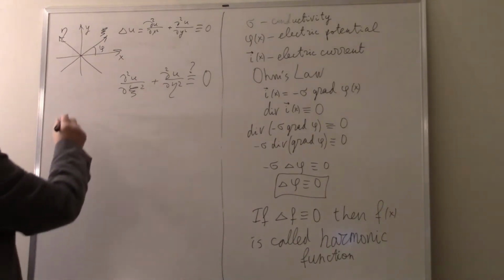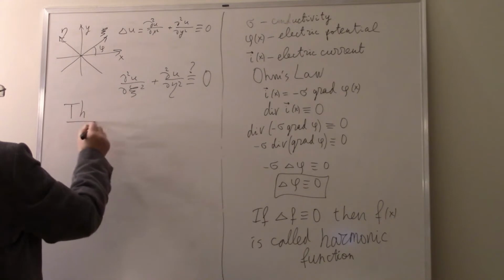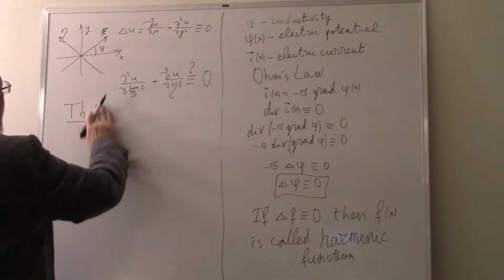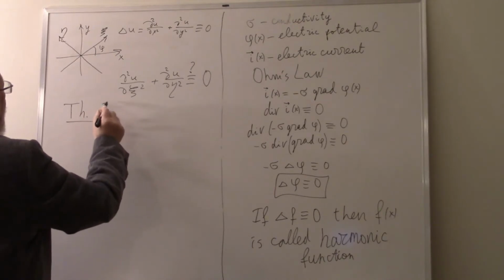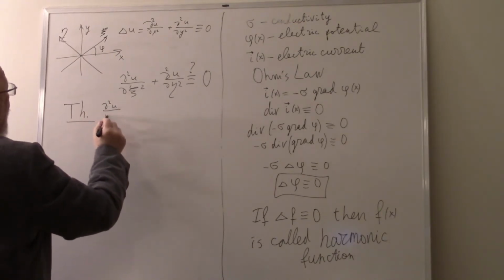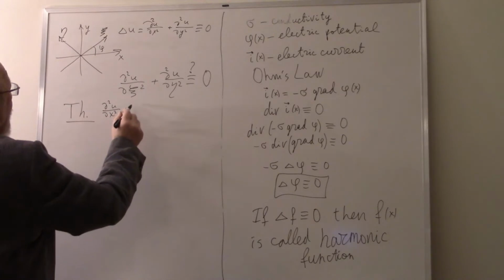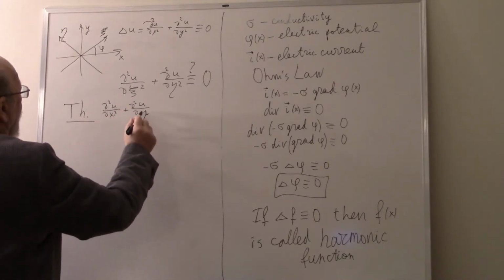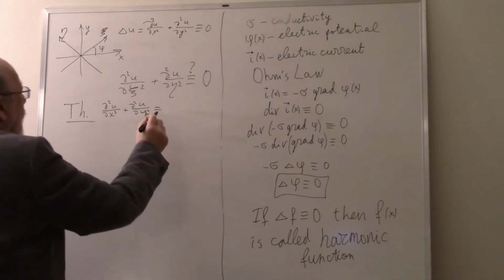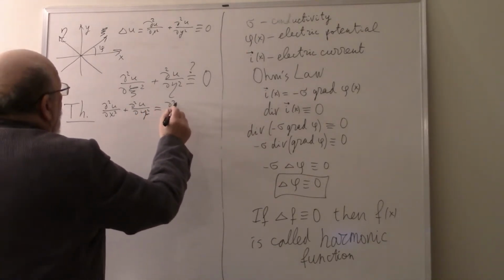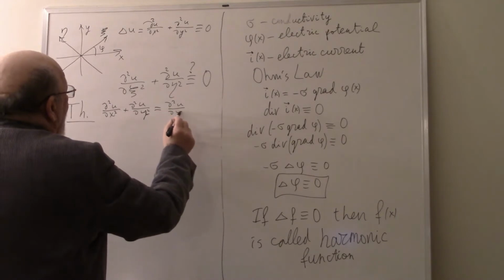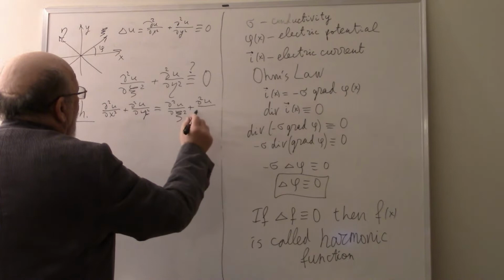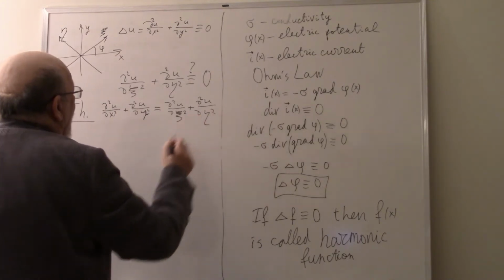And the theorem: d2u dx square plus d2u dy square equals d2u d psi square plus d2u d eta square.